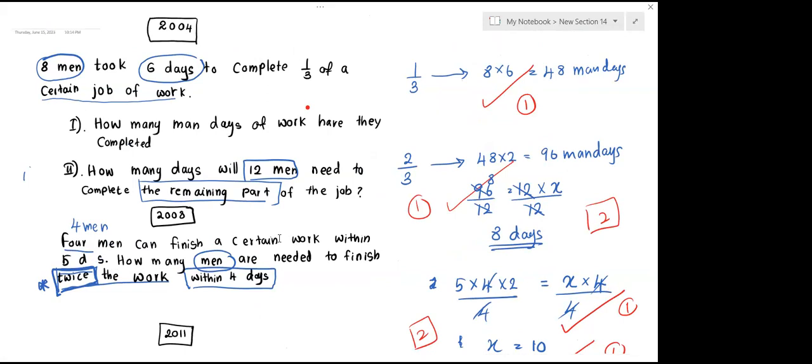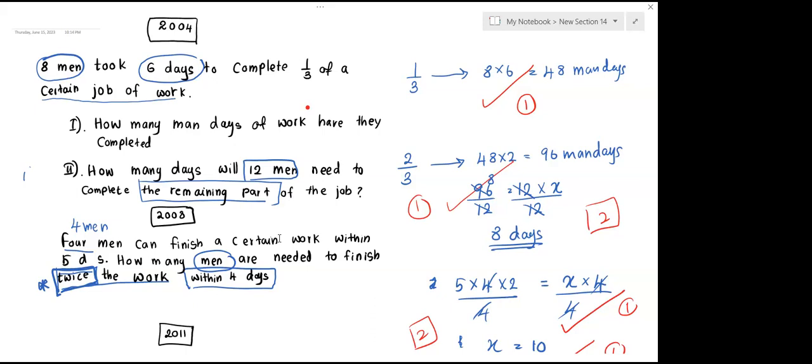Then to complete this work by using another number of days and number of men, you have to equate it to the next product. It may be two different numbers, but the same amount of work.